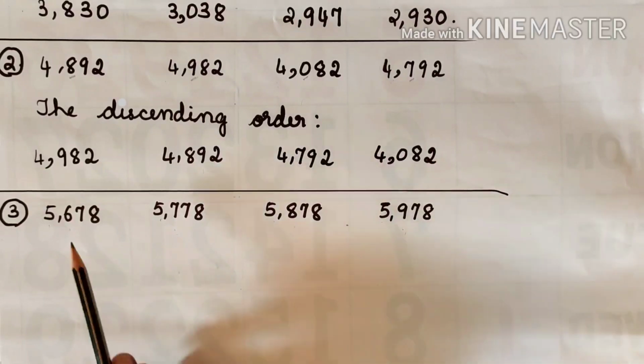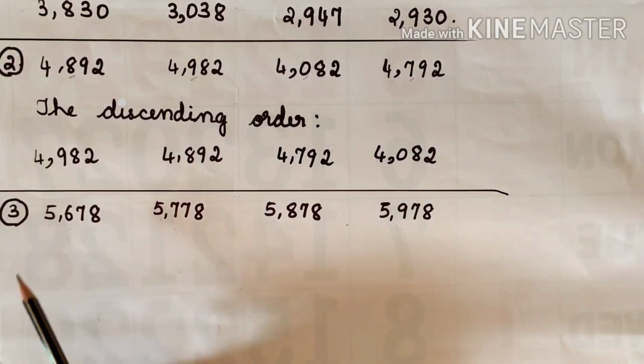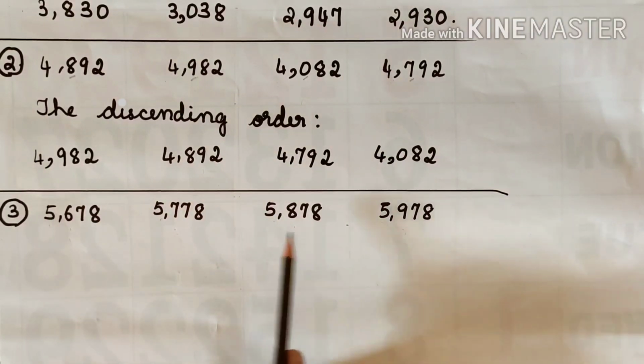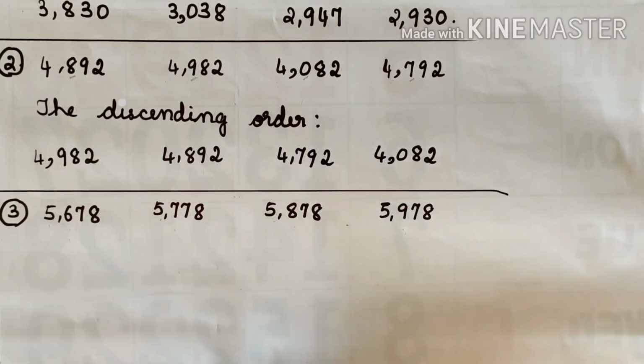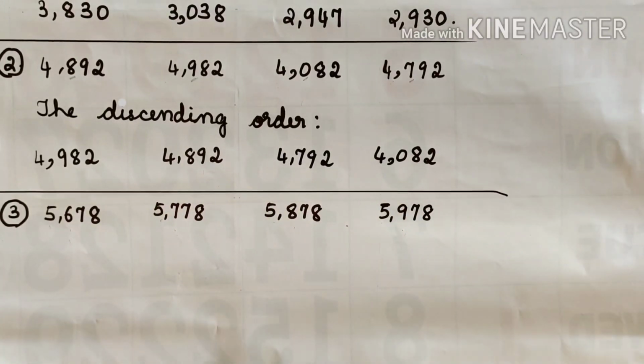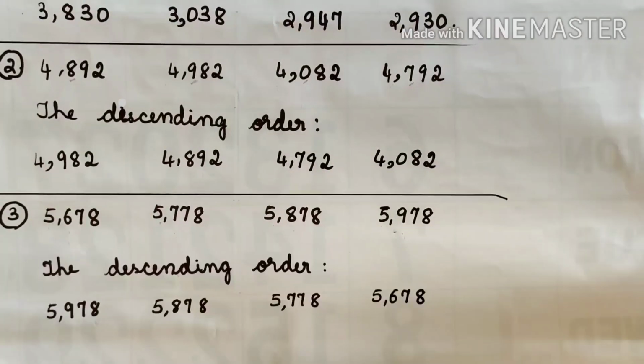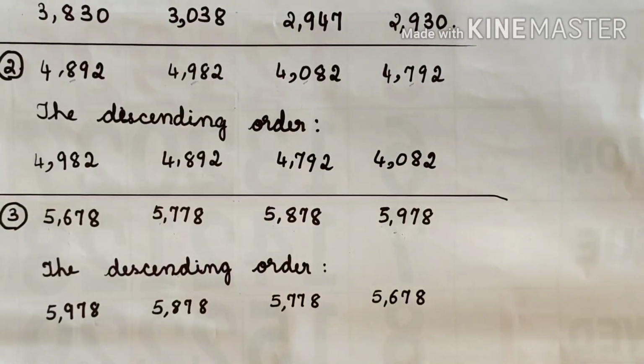And after 7 it is 6. So let us write these numbers in reverse. So the descending order: 5,978, 5,878, 5,778 and 5,678.